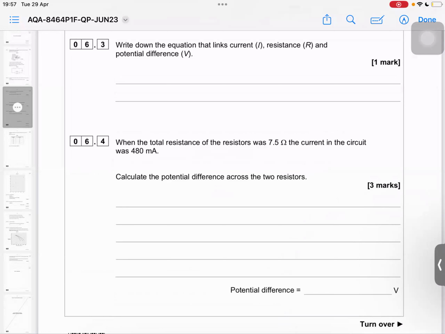So what you see there as 480 is actually 0.48.